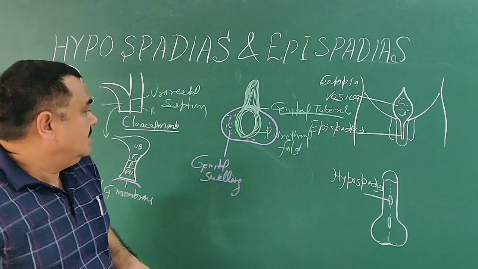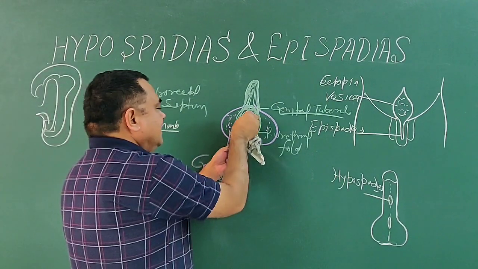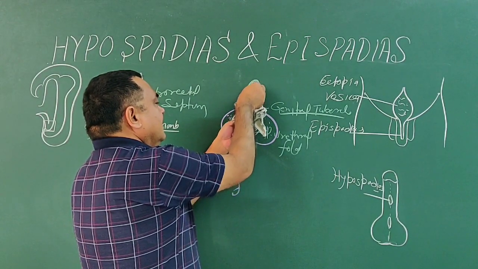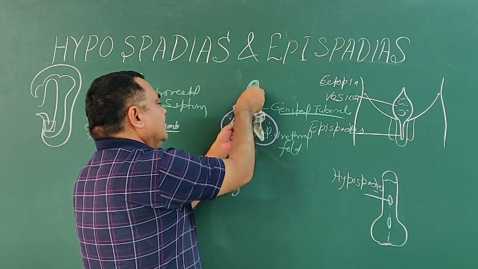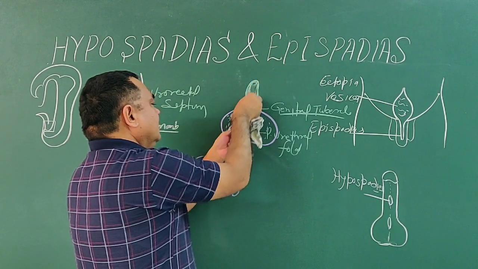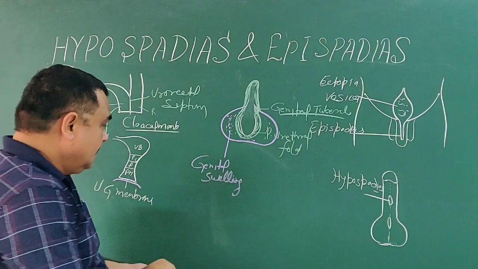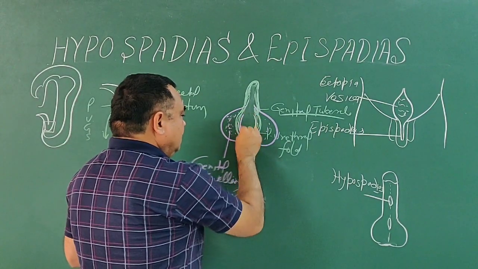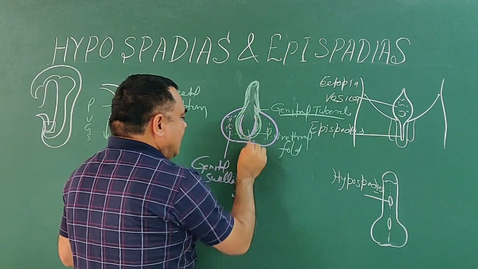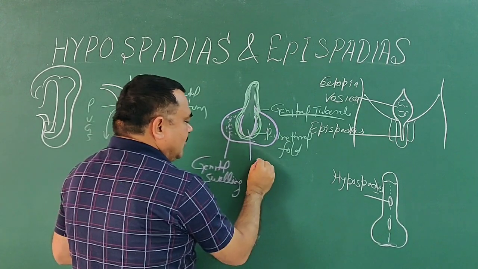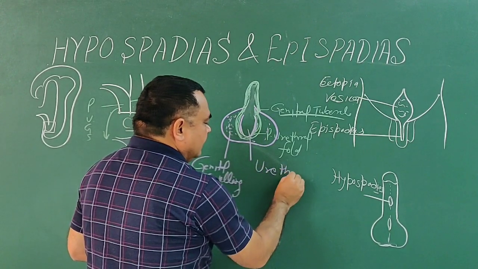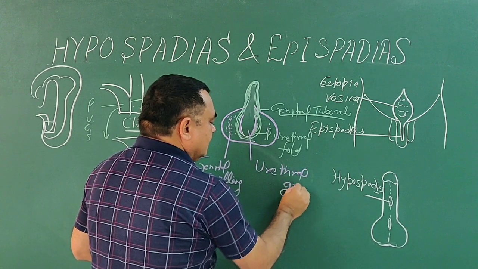With growth of this phallus, here is the urethral groove. This part, a groove is present known as the urethral groove.